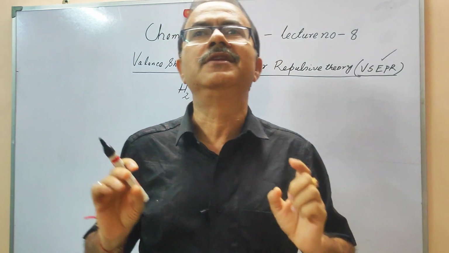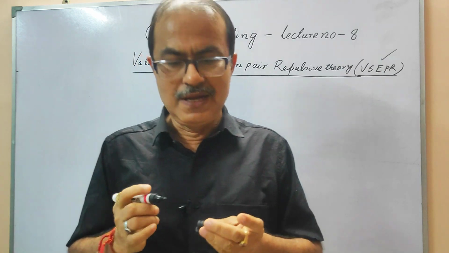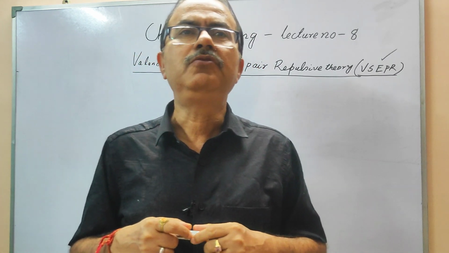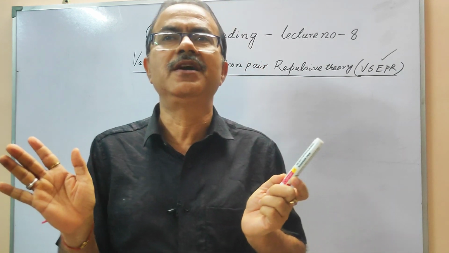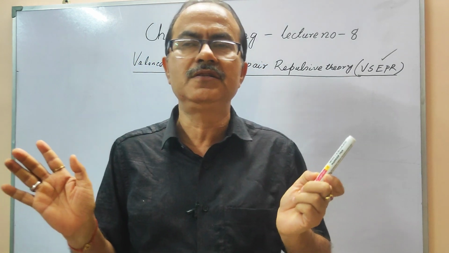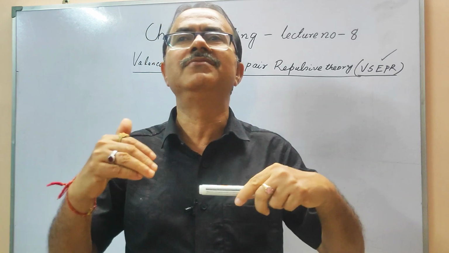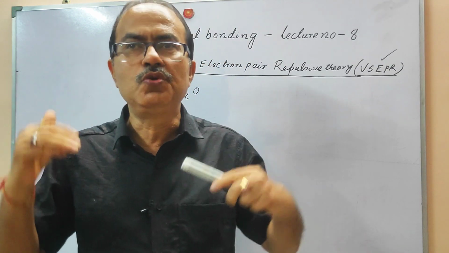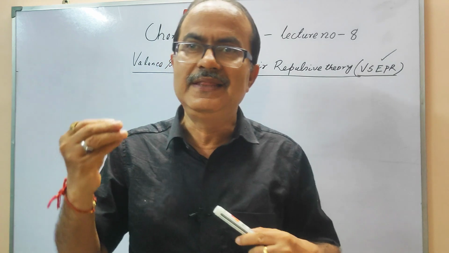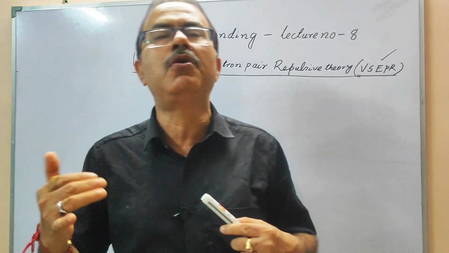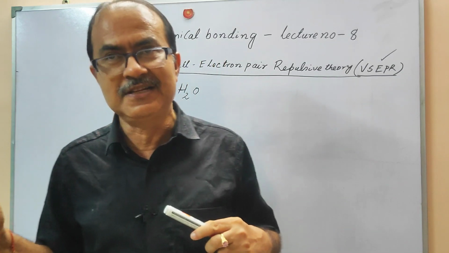As the electrons are negatively charged, they will repel each other. Due to this repulsive interaction between the electron pairs, they will align themselves in such a manner that the repulsive interaction between them is minimum, or we can say there is no repulsive interaction.